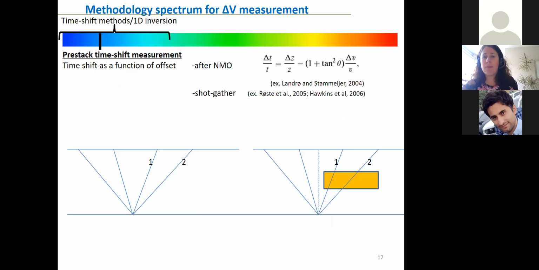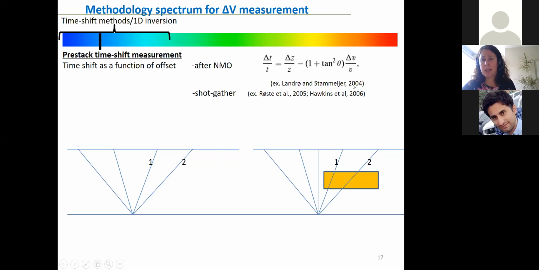Now, on top of that, we have to understand that, as I mentioned, there is no zero offset trace, right? So you construct your volume from all these traces that have different offsets.